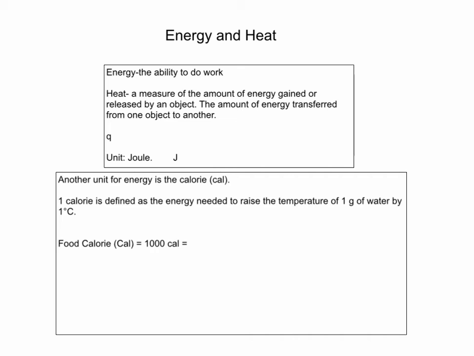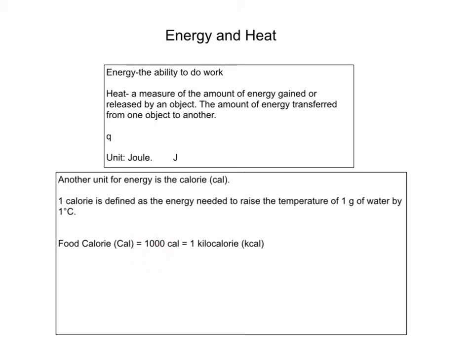And that's equal to 1 kilocalorie, which is abbreviated kcal. If you look at food packages from other countries, especially in Europe, you're not going to see calories on the back. You're actually going to see kilocalories. They're the same unit. But just know that 1 food calorie is actually 1,000 little calories.